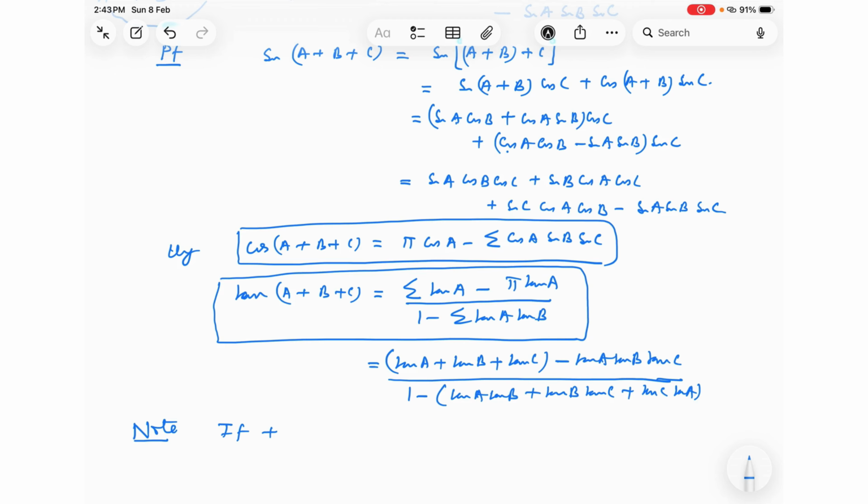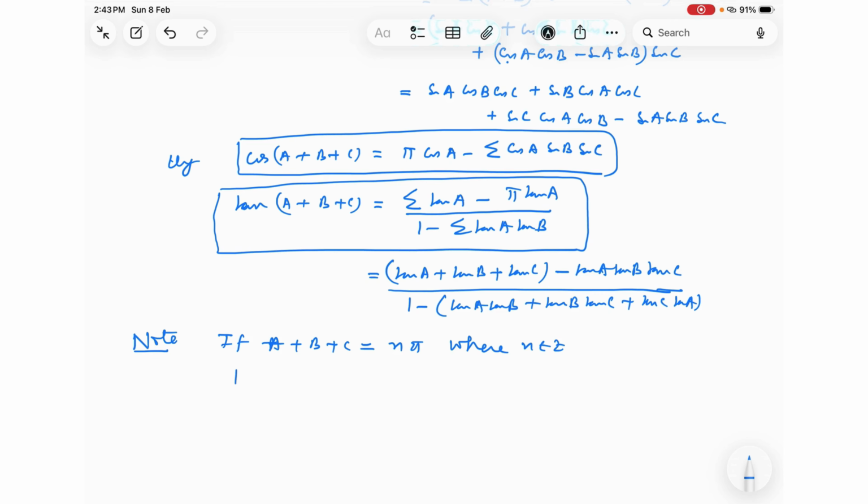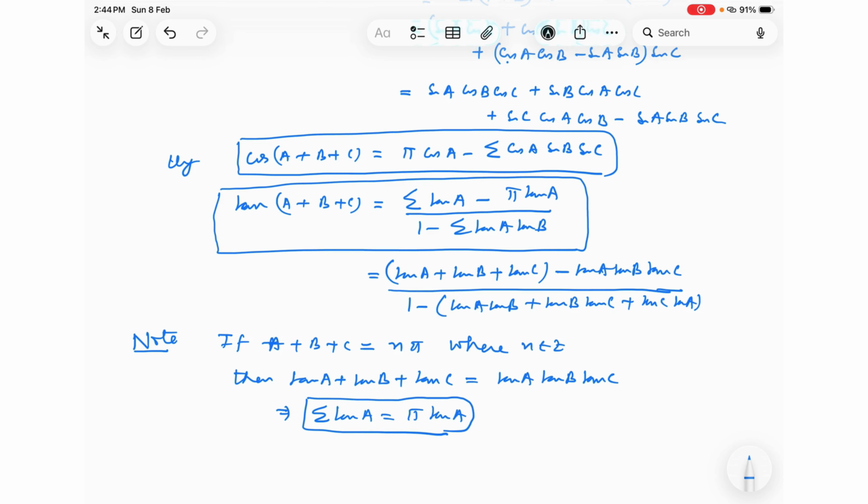Remember, if A plus B plus C is always equal to n pi, where n belongs to Z, then tan A plus tan B plus tan C is always equal to tan A tan B tan C. This implies sigma tan A equals pi tan A. Now this result has come from the tan A plus B plus C formula.